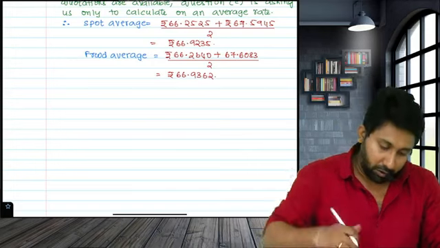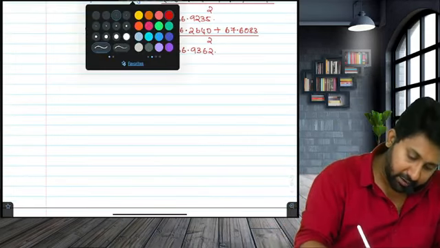Now we need to calculate a forward premium.